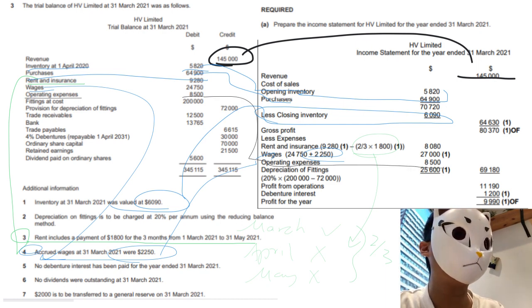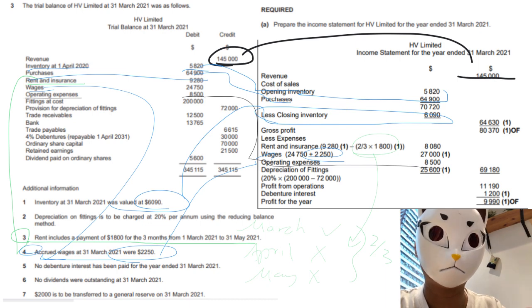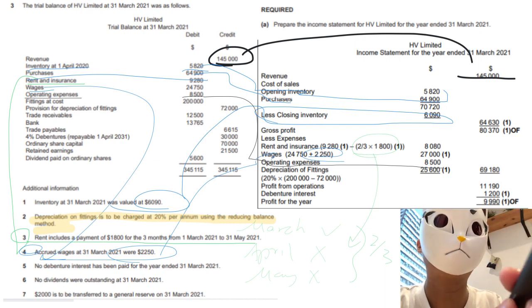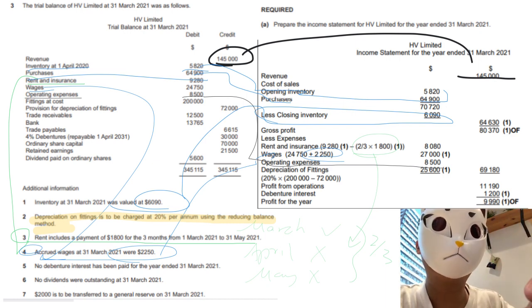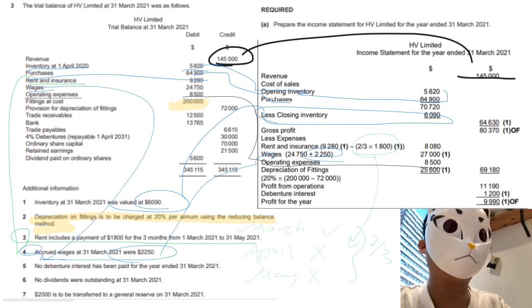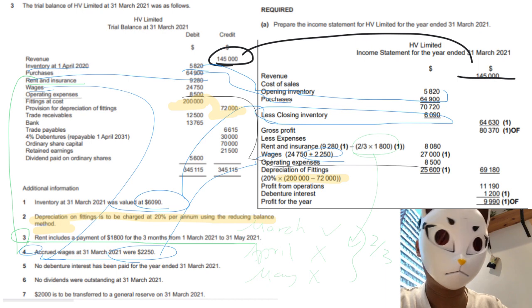And for the depreciation, let's take a look at how to do it. In the question, it stated clearly that the depreciation would be charged at 20% per annum using the reducing balance. So first of all, you have to grab the cost, which is 200,000 minus 7,200.